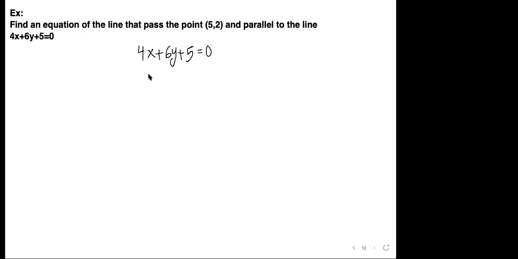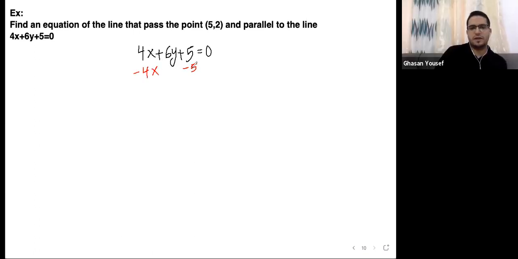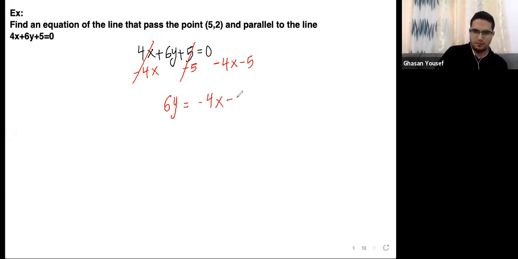First subtract 5 on both sides, and subtract 4x at the same time. Subtract 4x and 5 from both sides. The 4x and the 5 cancel out. Now I get 6y equals minus 4x minus 5.